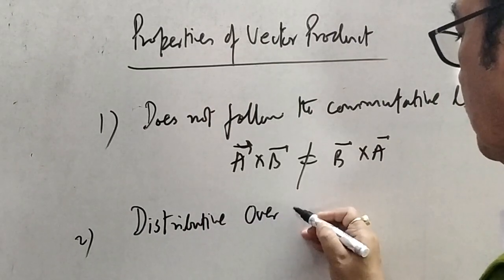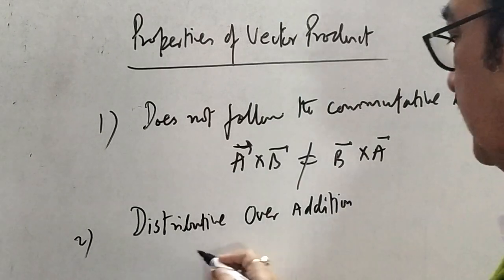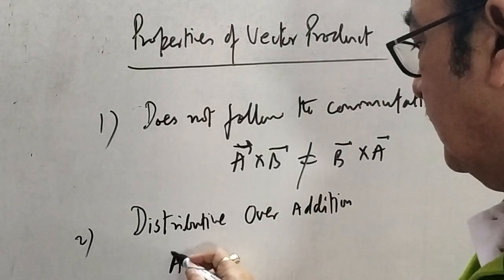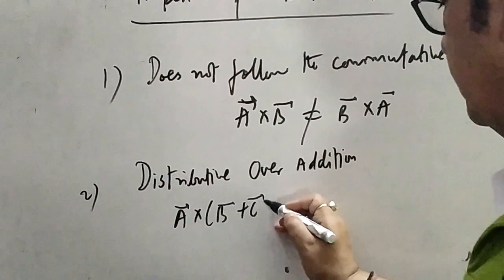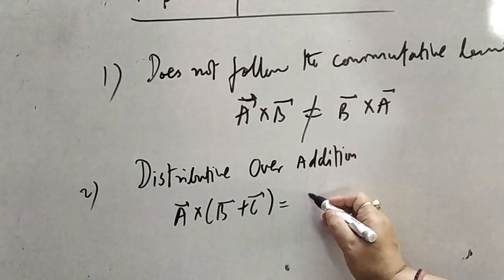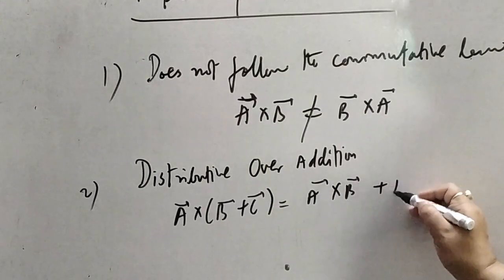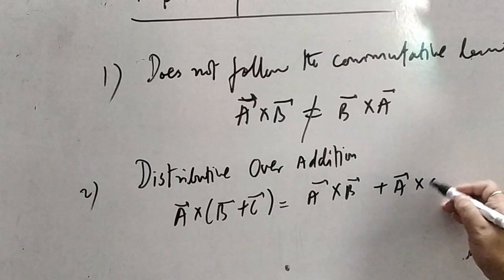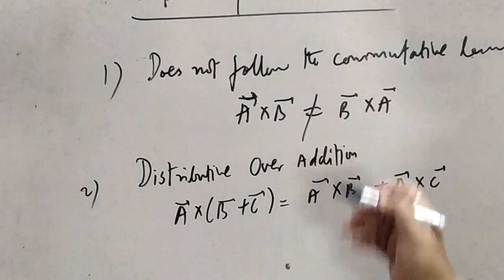What does it mean? A cross (B plus C) can be equal to A cross B plus A cross C. It is distributive over addition.